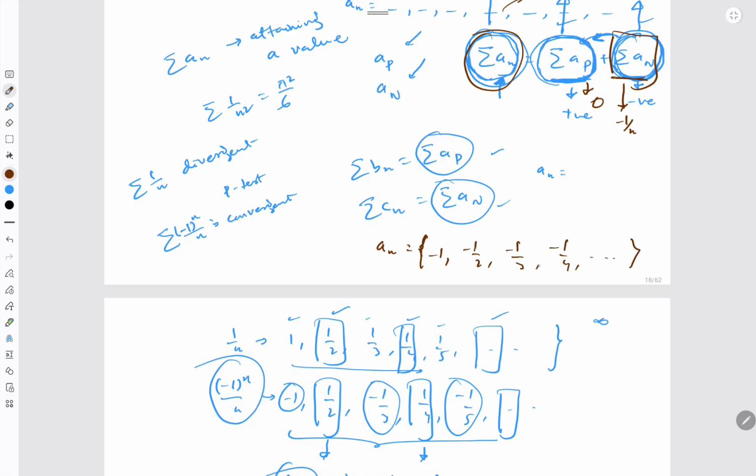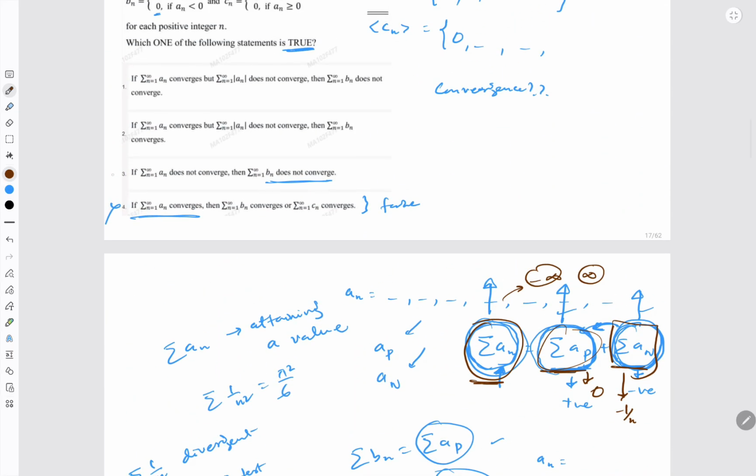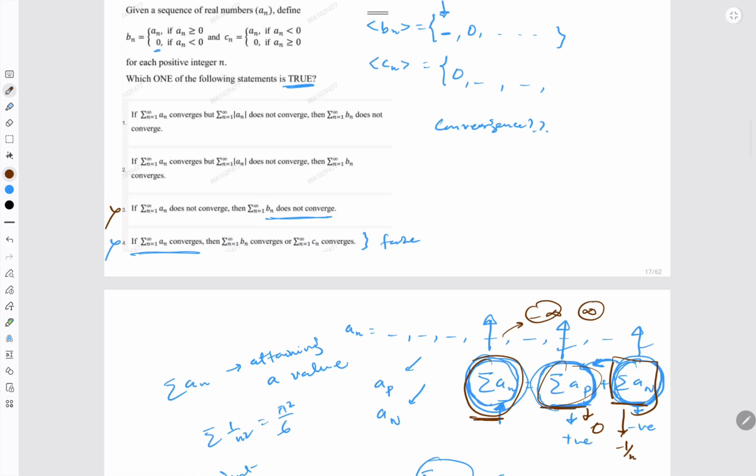And we know that this is divergent, because if I take the minus sign common, that will be my usual series, 1 plus 1 by 2, and it is going to infinity. So an is not converging, but AP, because there is no positive term, is basically 0 plus infinite times 0, that is 0. So this might converge, right? So this is also wrong.